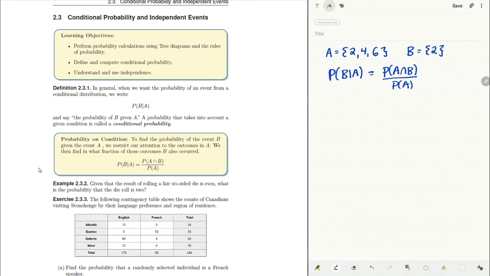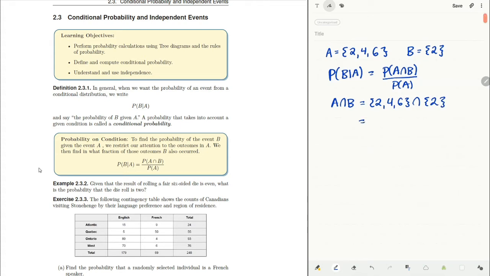So let's take a look at the probability of A and B. We want to look for the intersection of these two events. What is the intersection of the events A and B? Well, we want to look for the events which are common between both of them.